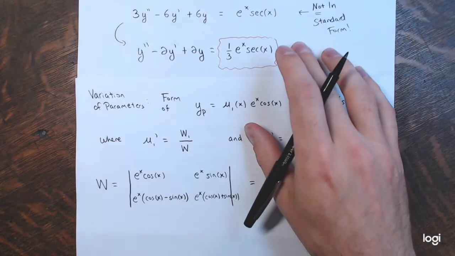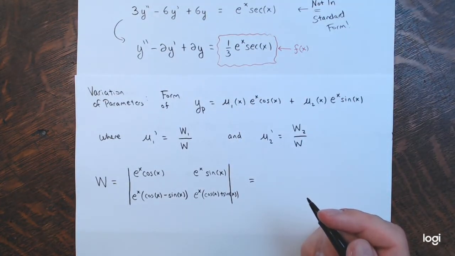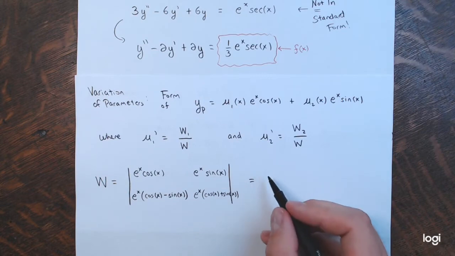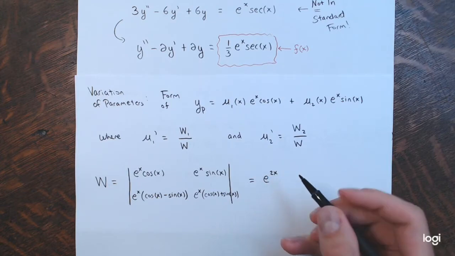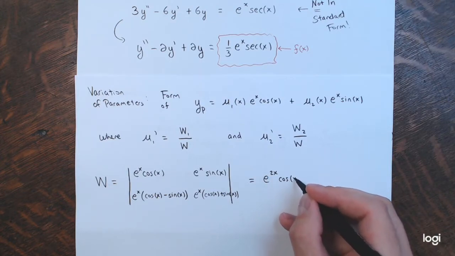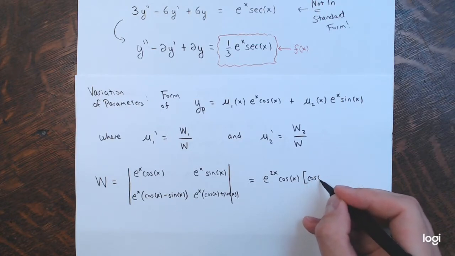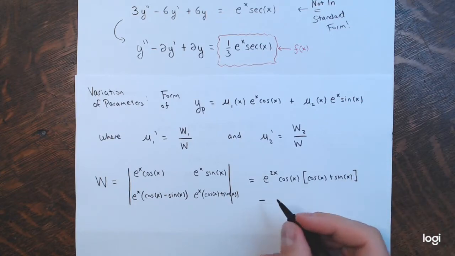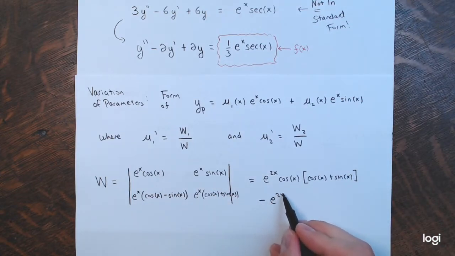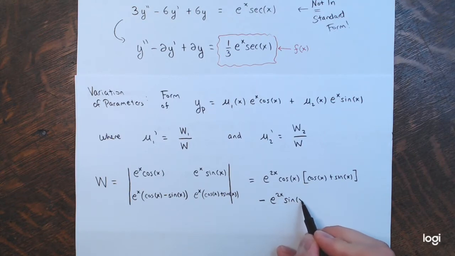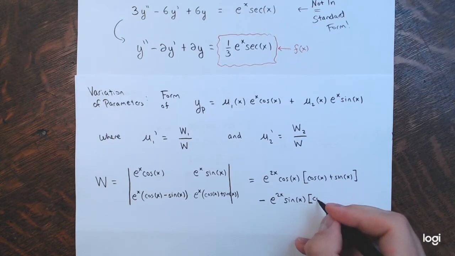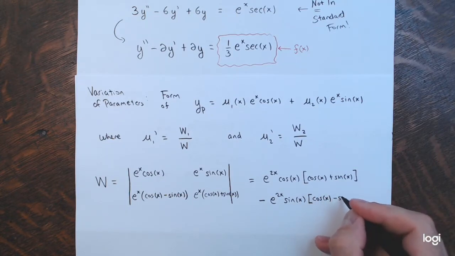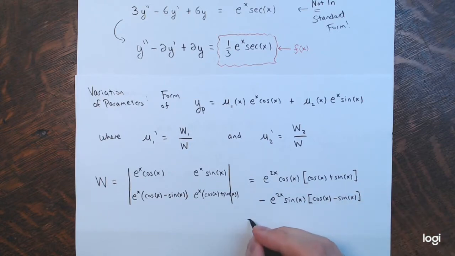Alright, taking this determinant, we have e to the 2x times cosine x times cosine x plus sine x, minus e to the 2x sine x times cosine x minus sine x. Let's see what we get when we simplify here.